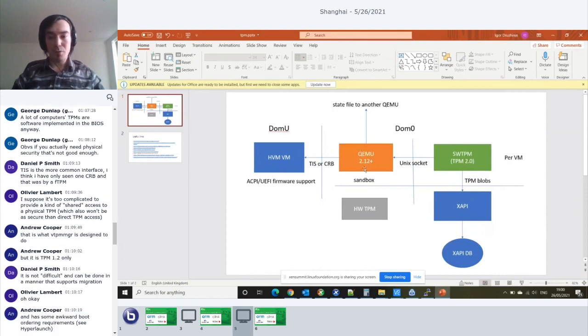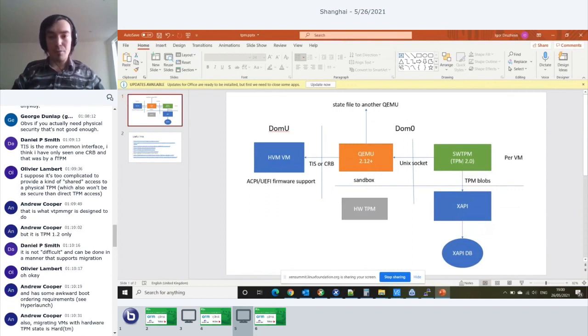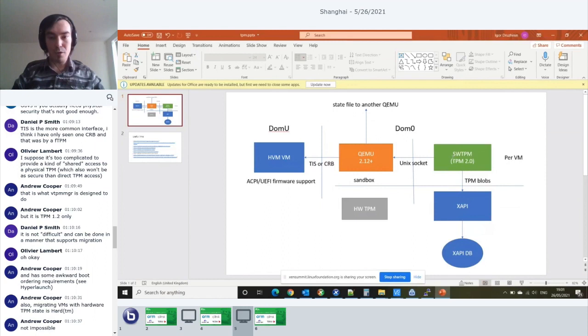Presumably because it's not as easy to deprivilege QEMU in KVM mode. But you need to go through QEMU, which is already sandboxed, to actually take control of the SWTPM and TPM state.